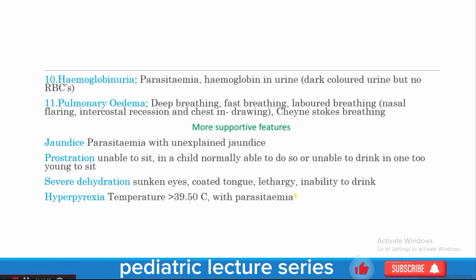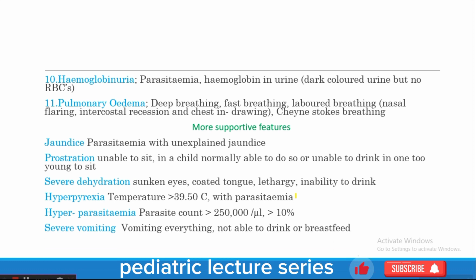Then you have hyperpyrexia, that is temperature of more than 39.5 degrees Celsius with parasitemia. Then you also have hyperparasitemia, which is a parasite count of more than 250,000 per microliter. And then also they may present with severe vomiting, and here they vomit anything they take in.